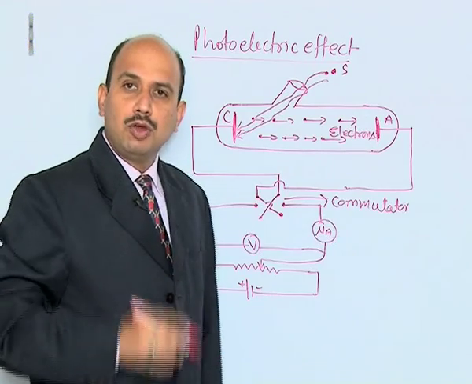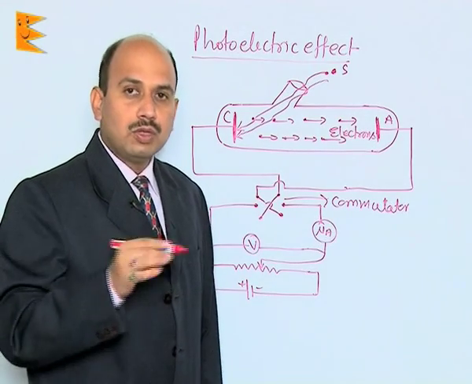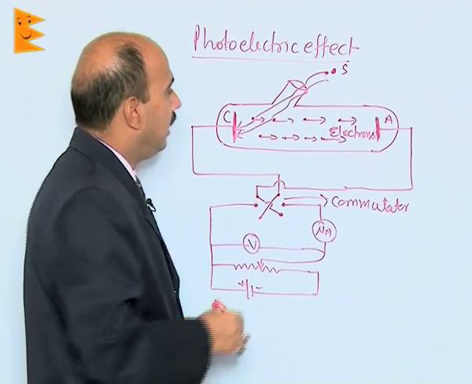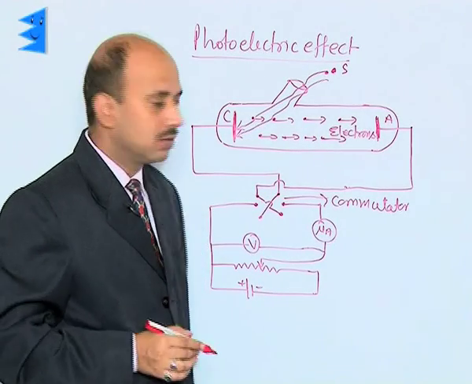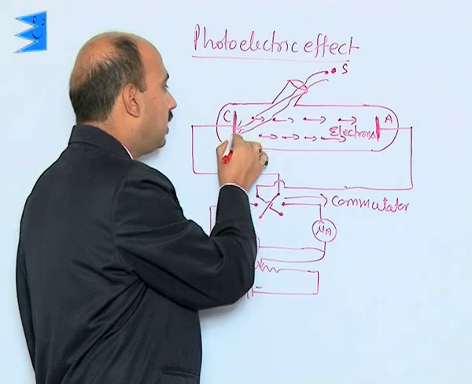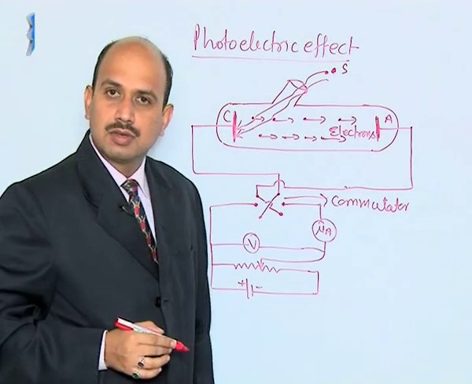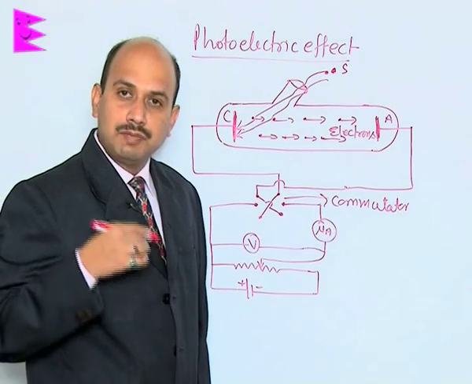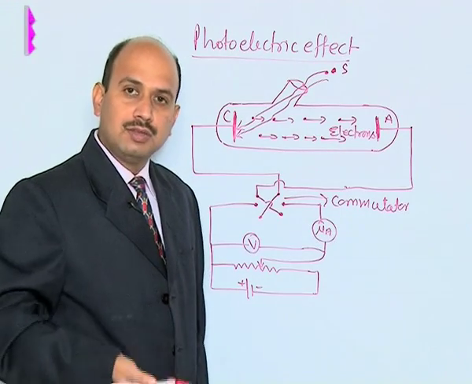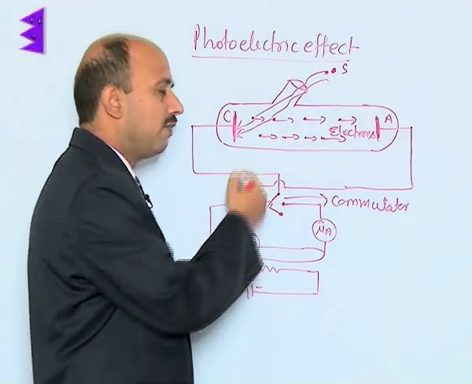If the frequency of the radiations is more than the threshold frequency, then electrons are emitted from this emitter plate. These electrons are just on the surface of the metal, but if the frequency of the radiation is much more than the threshold frequency, they will come out of the surface.